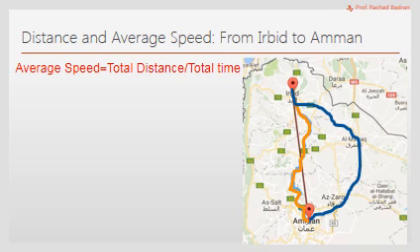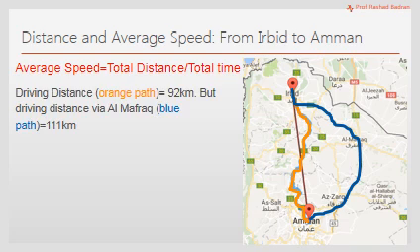To understand that, let us look at the map where there are two routes for a trip by car from Amman to Irbid. The first route, the orange path, is 92 kilometer distance. Without mentioning any direction, this represents a scalar quantity.